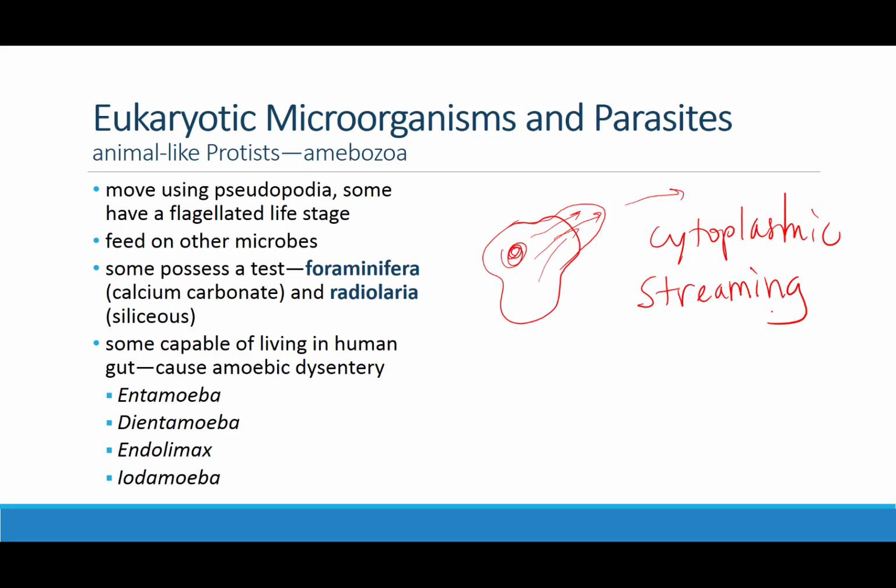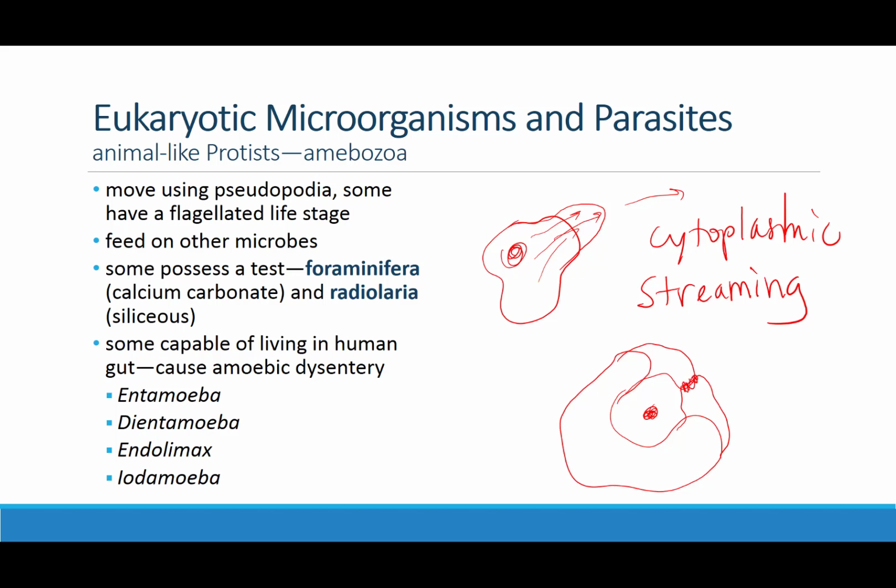They feed on other microbes, or on other protists as well, by surrounding them. Their pseudopodia can encircle a chunk of something that they want to eat. As they stream around it, the cell meets the cell membrane, and those two membranes fuse.